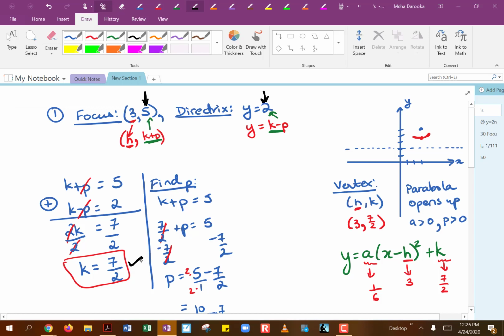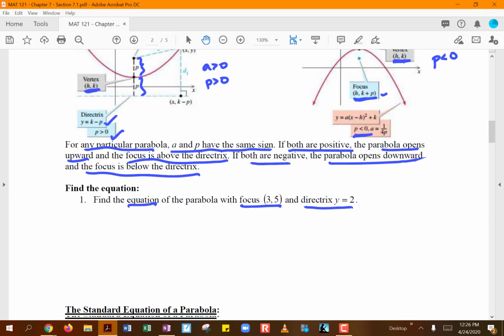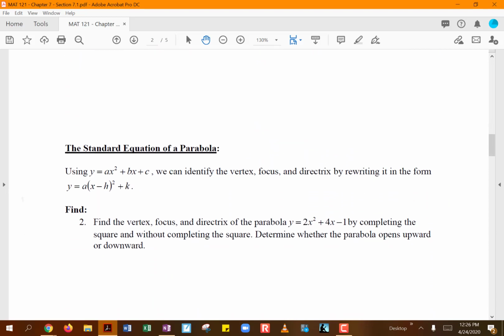So as long as you remember that halfway between this distance, which is from the focus to our directrix, halfway between that is where your vertex is going to fall, so you can get your k value that way also. And if not, then you need to go about doing it like the way I showed you here. Alrighty, so that was our example 1.